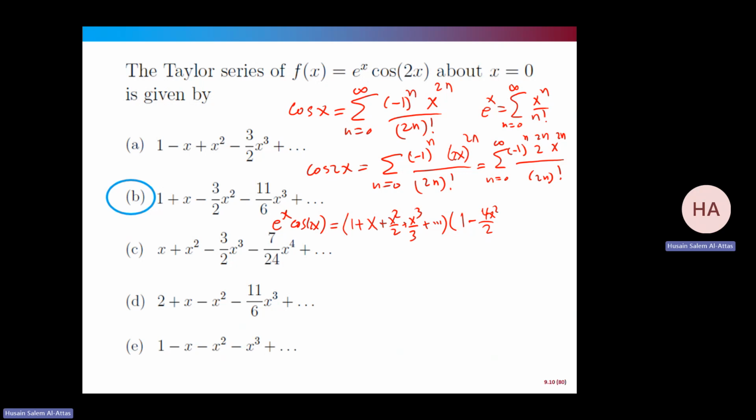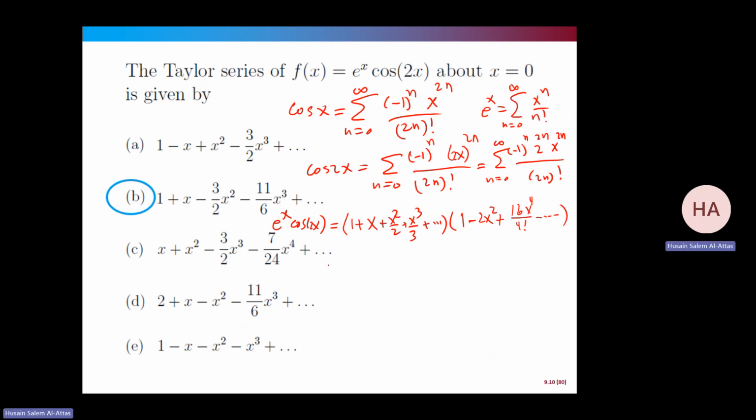Let me write it, minus 2x squared. Now, what will be the next one? I don't think I need the next one, but let me write it, because that will be x to the power 4. With n equal 2, I have 2 to the power 4, which is 16, x to the power 4 over 4 factorial, minus the rest.